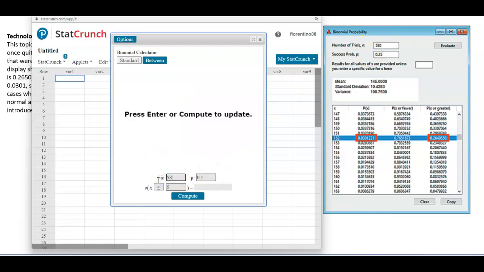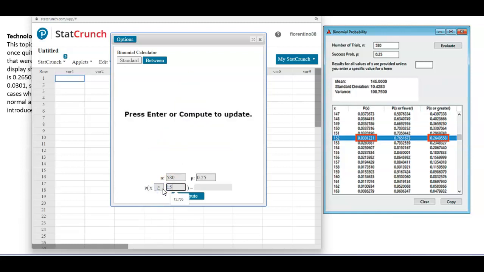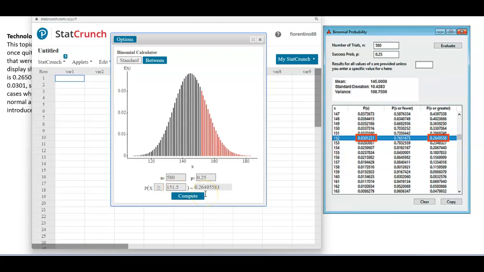So we put 580 in here, then the probability of success, which is 0.25, and we were looking for the value of 151.5 or more. That gives us 0.26495583. That's what we were looking for in the first part.